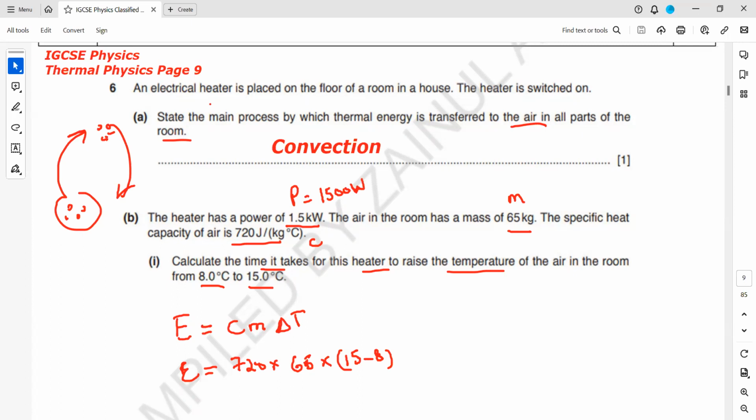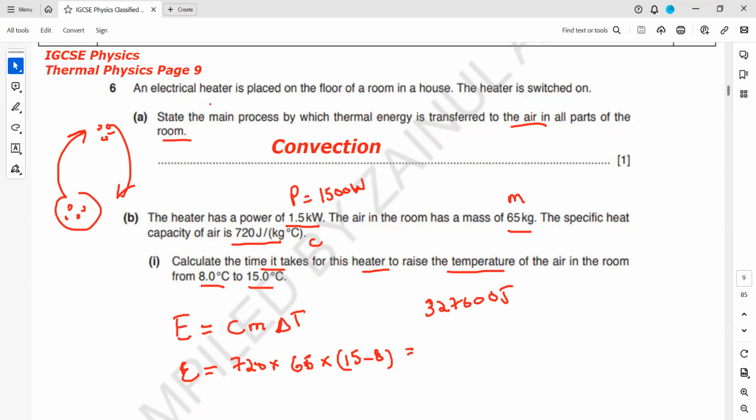So the energy which is being absorbed is 32,760 joules. Now, okay, one more zero is there. I thought 32,760. So it is 327,600 joules. Okay. Now we get the energy.